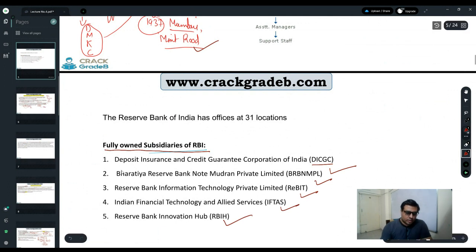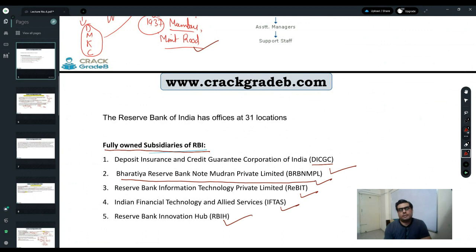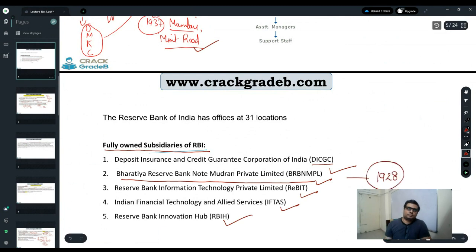So that is the first organization we have discussed. Now the second organization we have to discuss is Bharatiya Reserve Bank Note Mudran Private Limited, right? Note Mudran means the printing of currencies. The printing of currencies was first started in India in 1928.